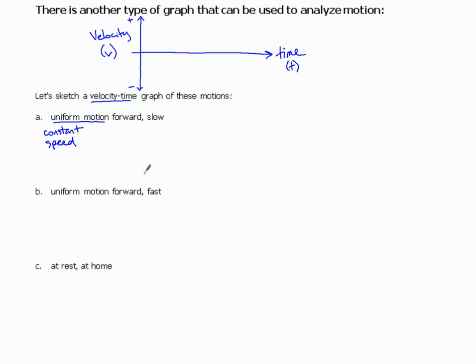So here's our velocity time graph. I'm going to draw my axis here. Here's my x-axis. Velocity v. So let's say there's 1, there's 2, here's -1, and -2.